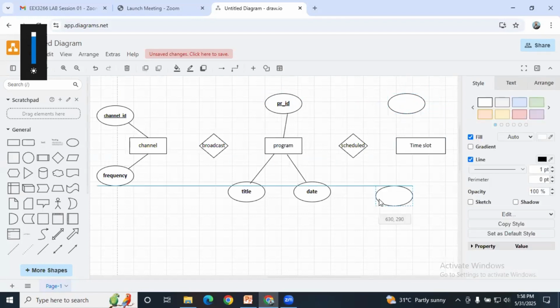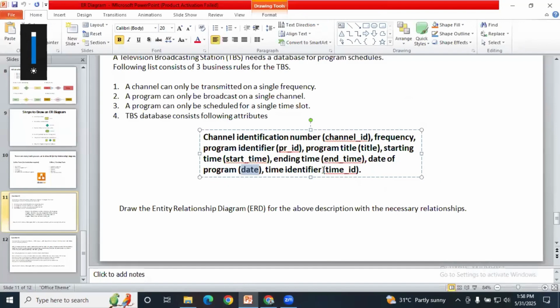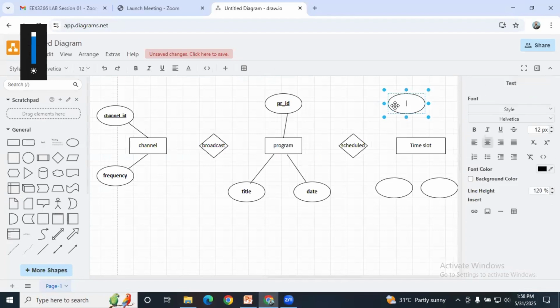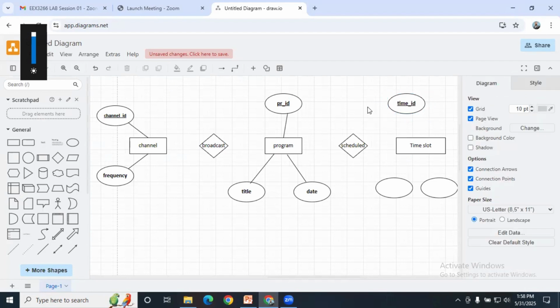There are 3 attributes. So first one is time ID. Come to here, paste it, and it is unique. So you can underline it. So you can recognize it is a primary key of the time slot.